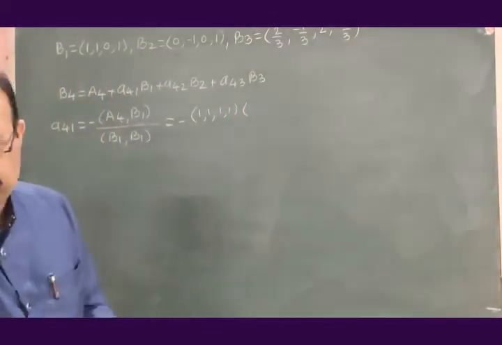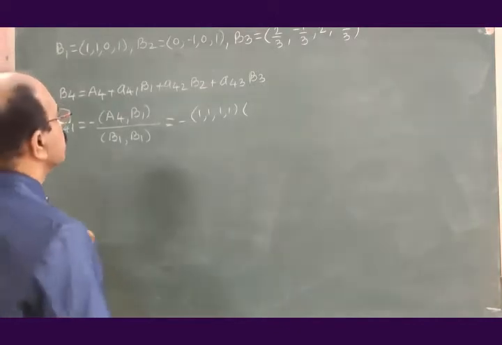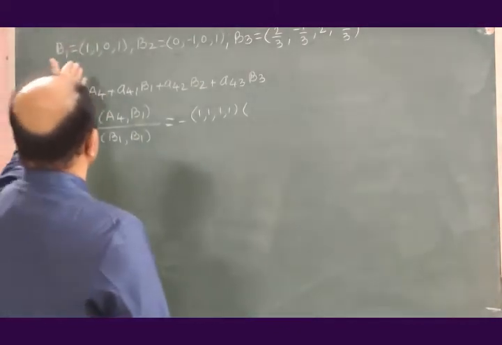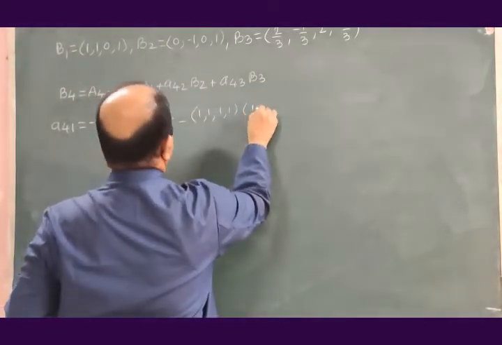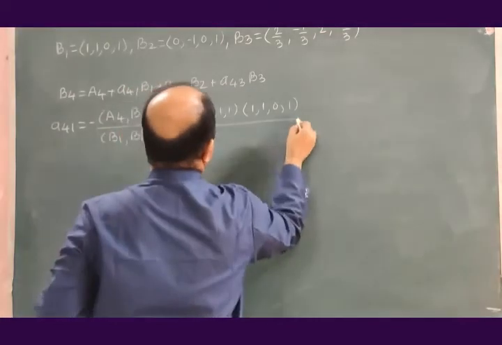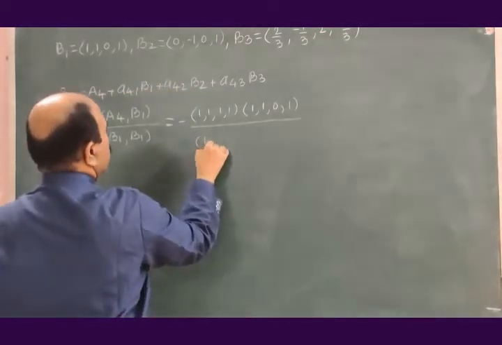And B1 is this one, 1, 1, 0, 1, divided by the same thing.